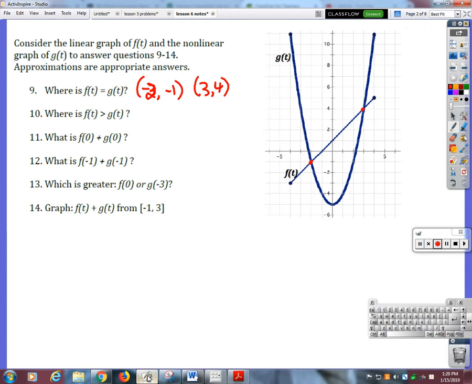These intersection points define it. So in between here, this is greater than that because it's above it. Over here, this is below that. And over here, it's below it also. So we really, Matthew, only need the x coordinates for that. So it's from -2 to 3.